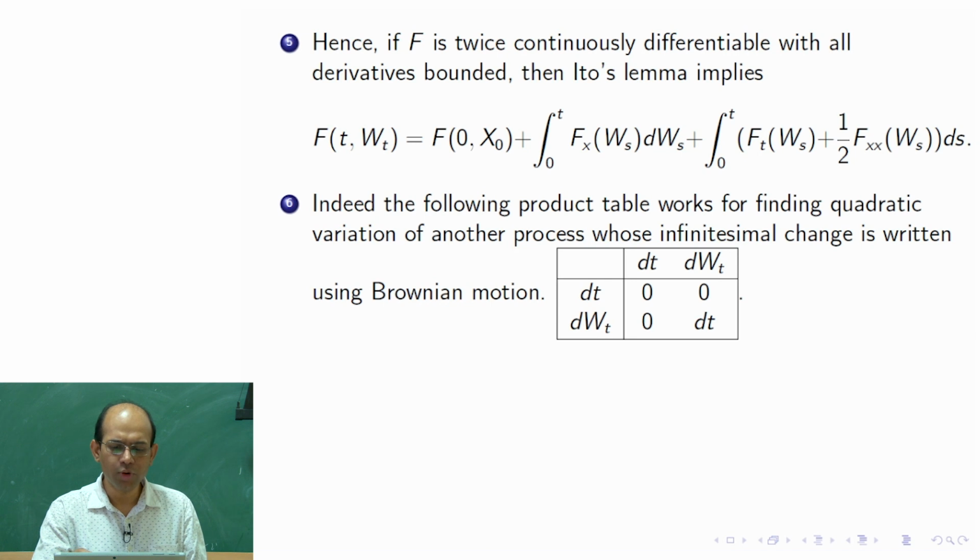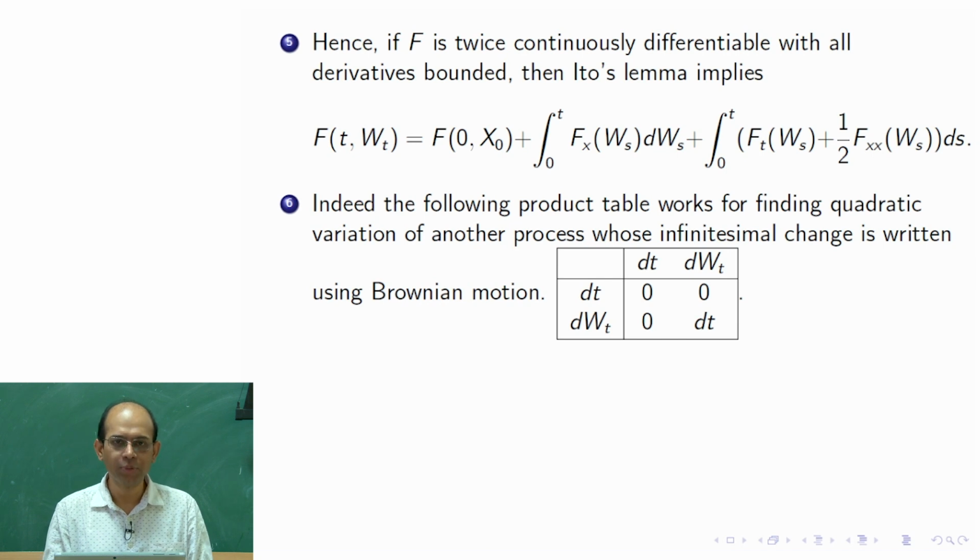So, if I have a process x, dxt is written in terms of Brownian motion increments, etc. Then I can find dxt whole square, and I would have products of terms with infinitesimal increments, and one should know how to manipulate those terms.